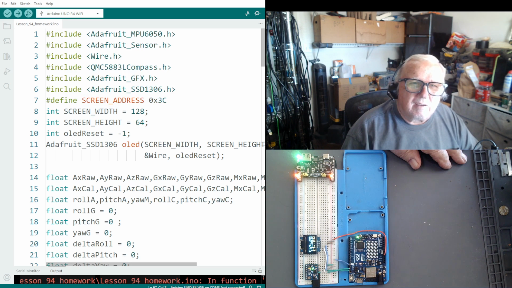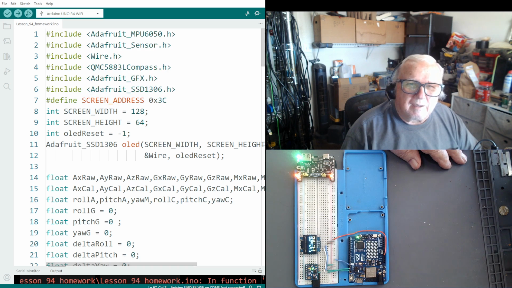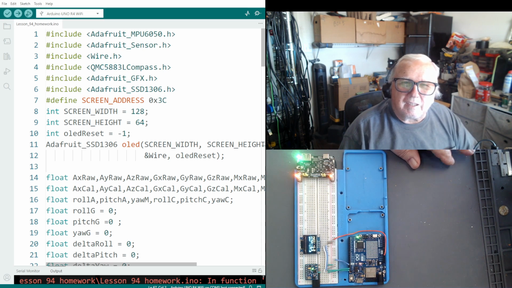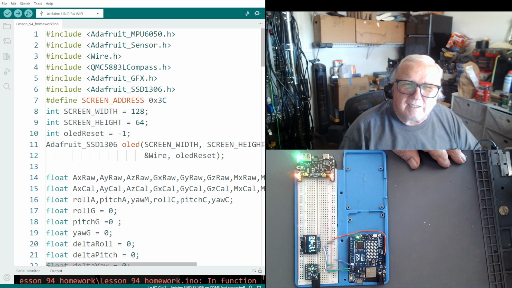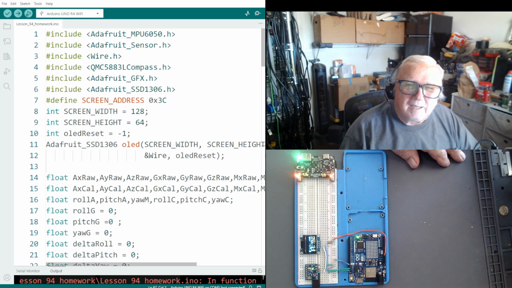So what I did was first of all, I had to add all the stuff for the display. I included the Adafruit_GFX and SSD1306 libraries. Then I defined the screen width and the screen height, and put in the OLED reset as -1, which means we don't have one.